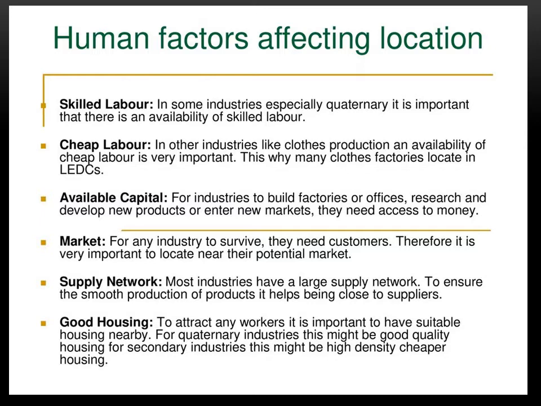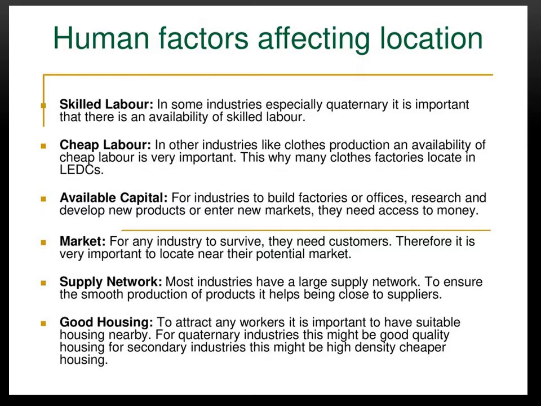We will only study the tertiary sector here, and so obviously for the tertiary sector we need skilled laborers. Then cheap labor. In other industries like cloth production, availability of cheap labor is very important. This is why many cloth factories locate in LEDCs. LEDCs are the less economically developed countries, where the GDP is lower and the standard of living is lower.